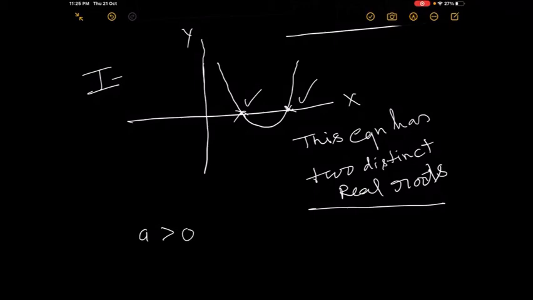And any point on this parabola, if we take it as P, will be represented as minus b by 2a, minus D by 4a. And what is capital D? Capital D is the discriminant. Discriminant is b square minus 4ac.